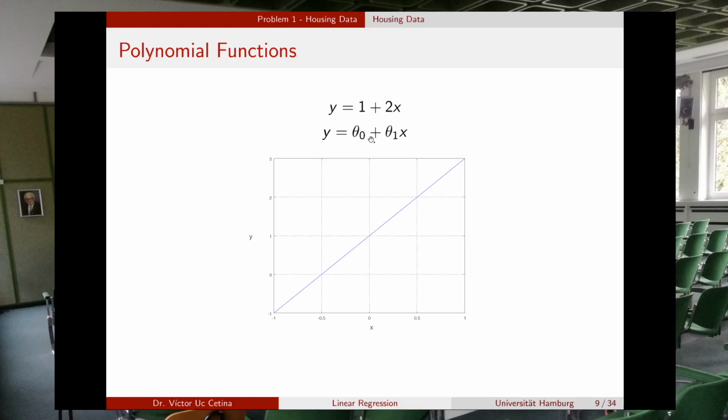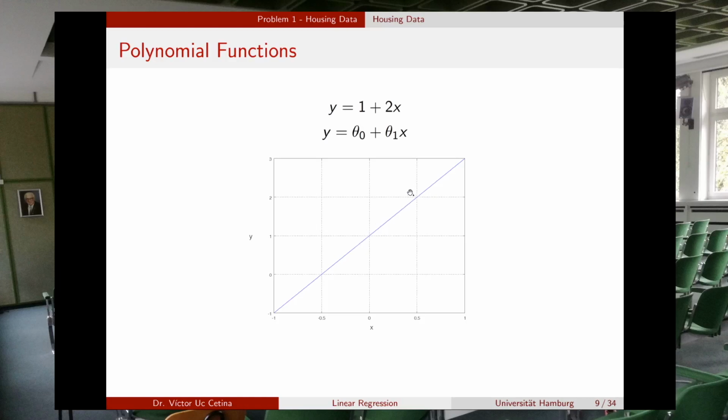We can also, for example, have one constant that is independent of the input variable, and have another term that will consider the input variable times some parameter theta 1. In this case we have already defined a straight line that can have some slope.